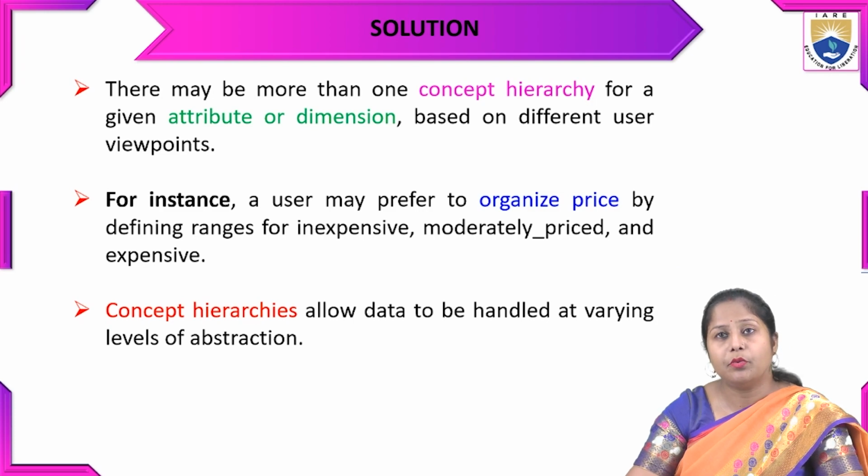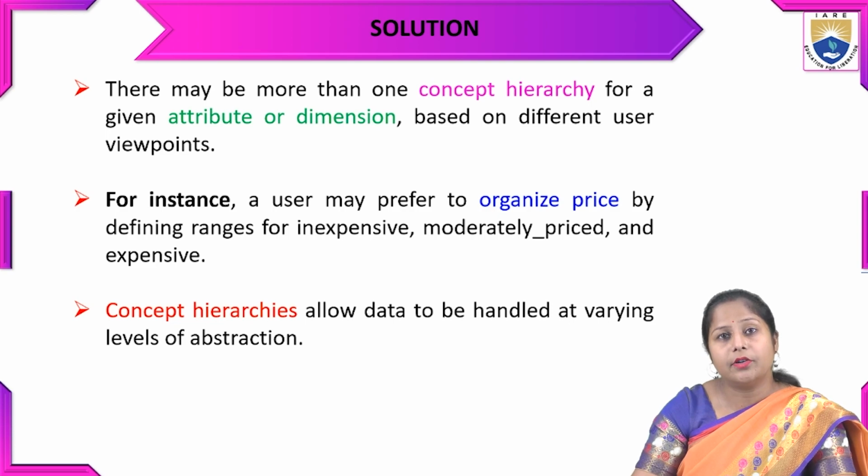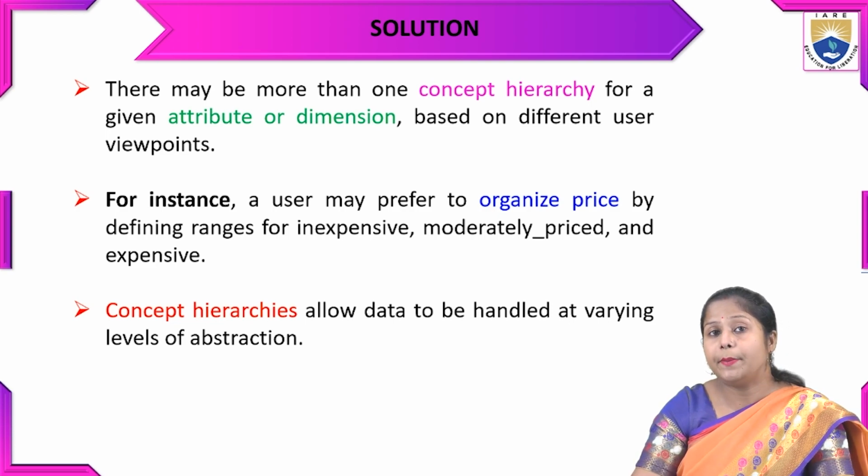Now there may be more than one concept hierarchy for a given attribute or dimension, based on different user viewpoints. This lattice structure, what we are calling the concept hierarchy, only depends on the user's viewpoint.